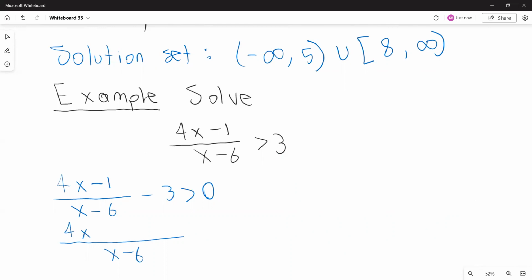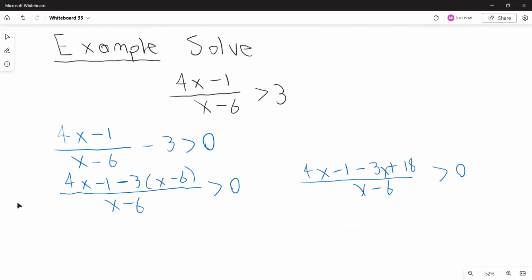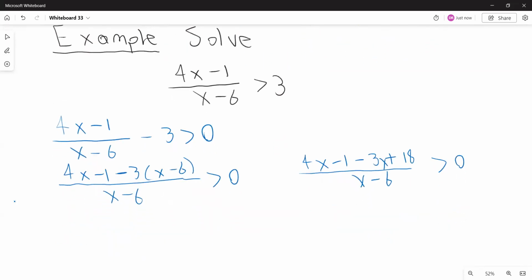So we have 4x minus 1 minus 3 times x minus 6, over x minus 6, greater than 0. That will give us 4x minus 1 minus 3x plus 18 over x minus 6. So 4x minus 3x is x, and minus 1 plus 18 is 17.